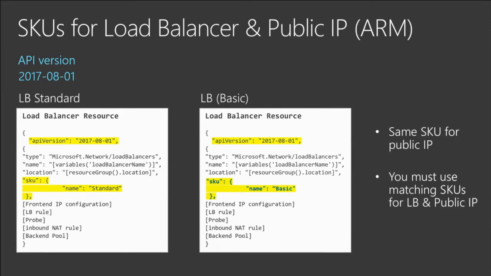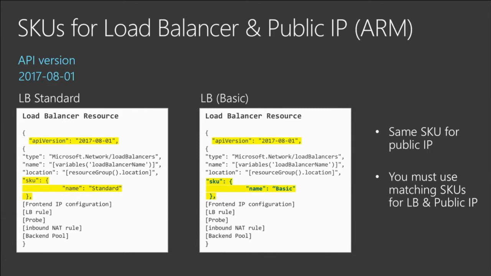So how is this exposed? We introduced a new API version for the load balancer and public IP resources that is called August 1st, 2017. And it's a very simple change in the resource that unlocks all this capability. All the front-end configuration rules, NAT rules, back-end pool probes all stay the same. All you insert is basically the normal ARM syntax for specifying SKUs.